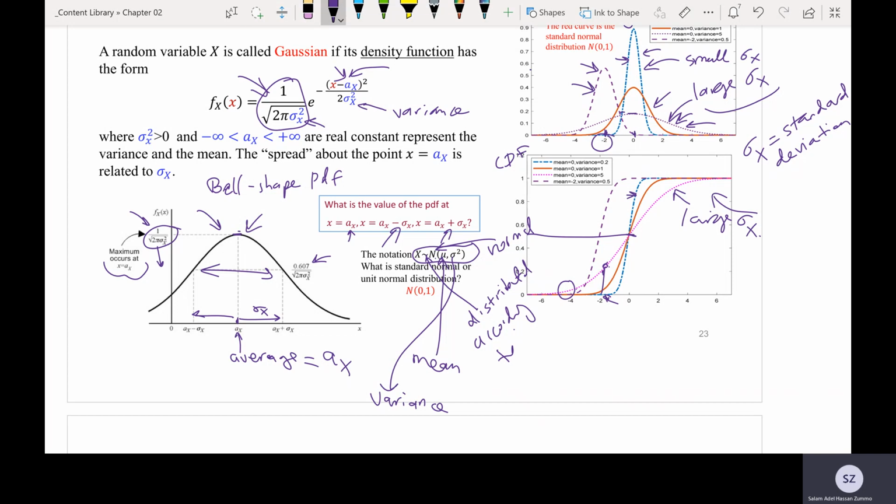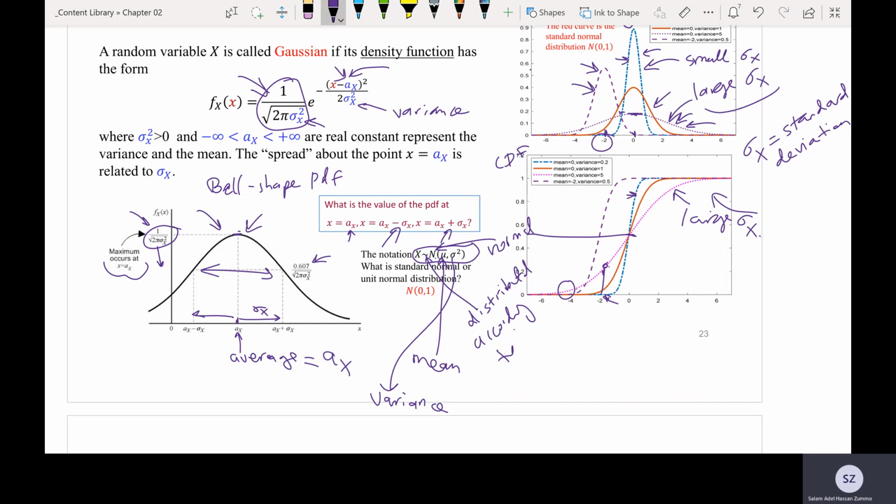One thing is that as the distribution becomes wider, with larger variance, the maximum amplitude becomes smaller, because the area under the curve equals the total probability of 1. If you integrate any of these, you get an area equal to 1, and the density gives you how this total probability is distributed among the different values.